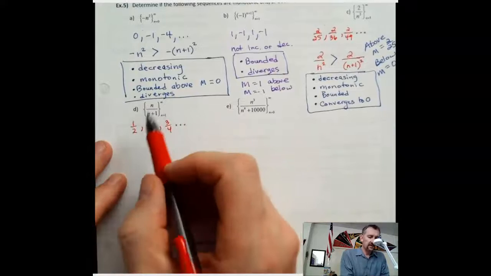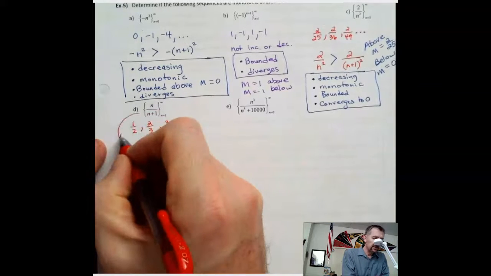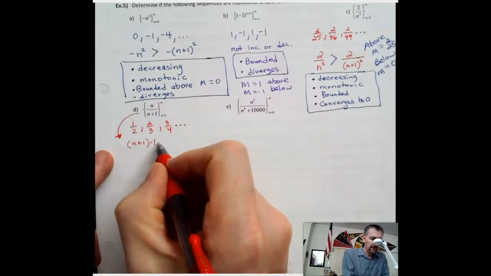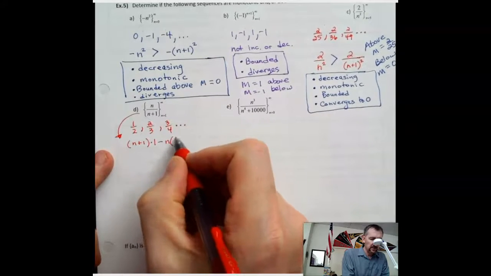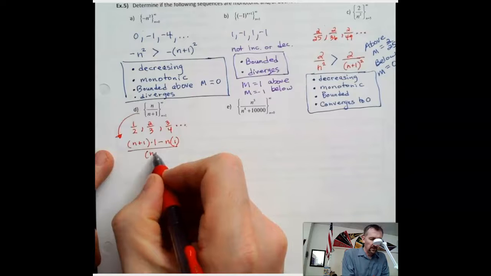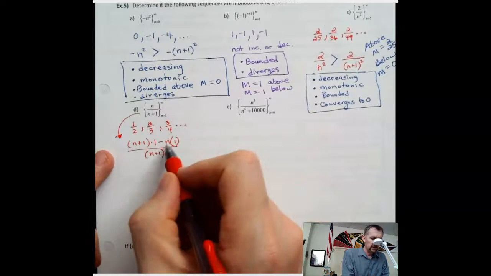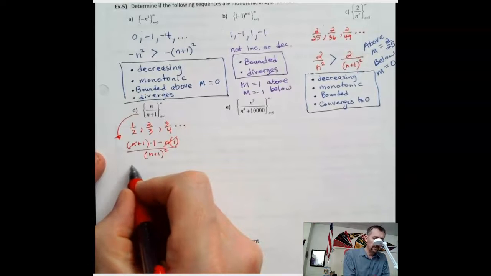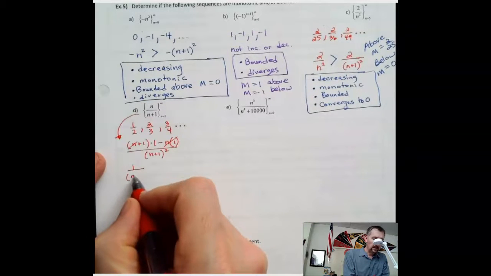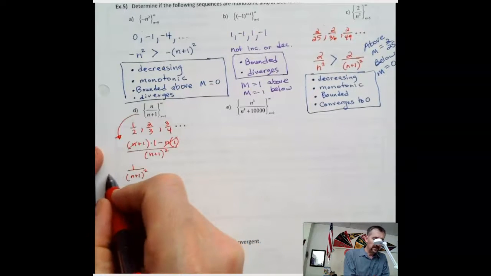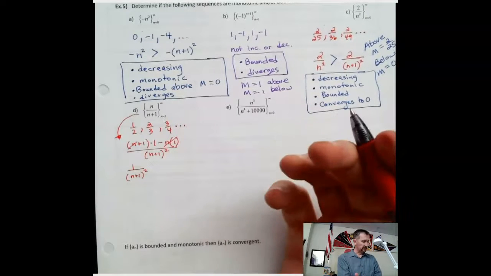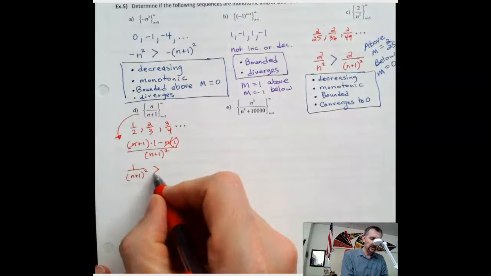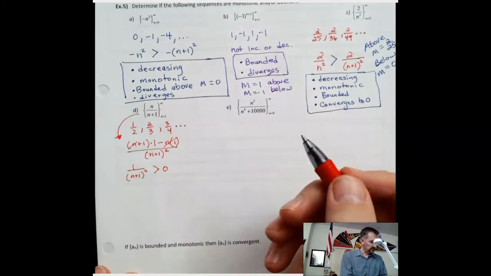Now it looks like it's increasing, but what if we took the derivative of it just to make sure? So low d high minus high d low over low squared. So that's going to be (n+1) minus n, that's going to be 1 over (n+1) squared. Well, that is the derivative, and that is always greater than 0.